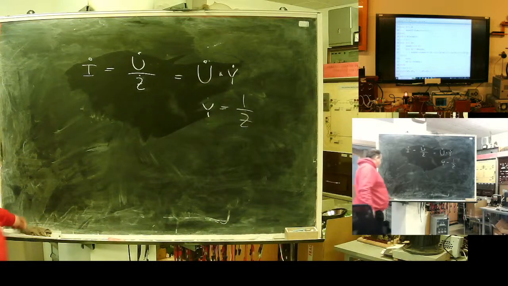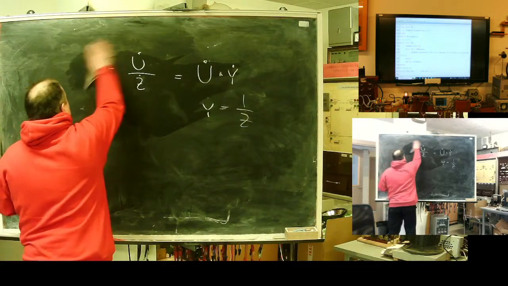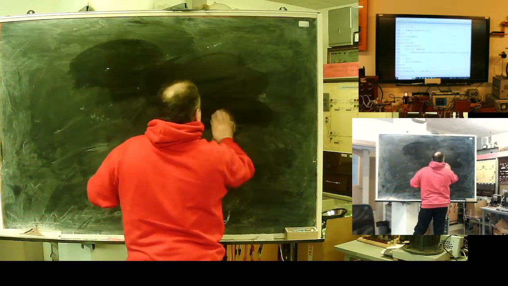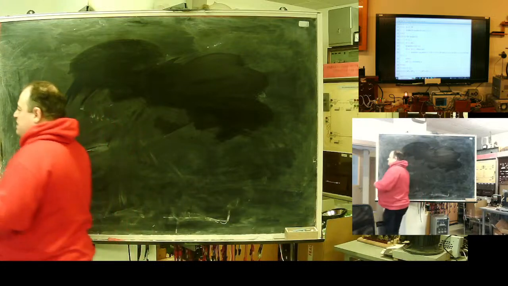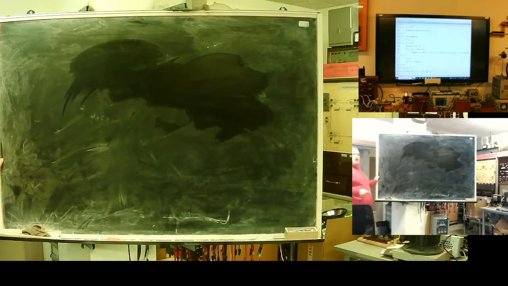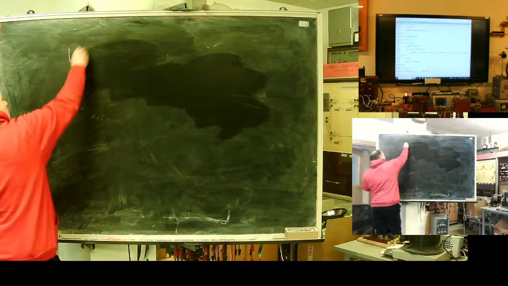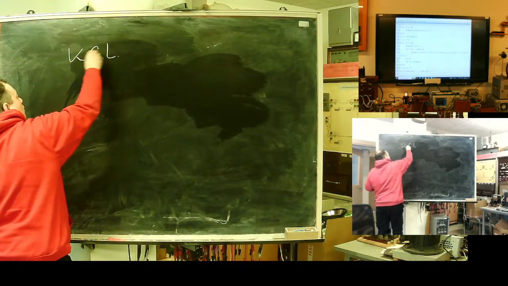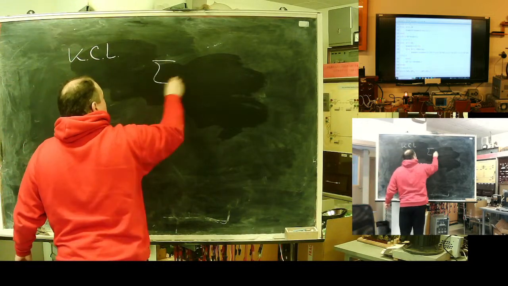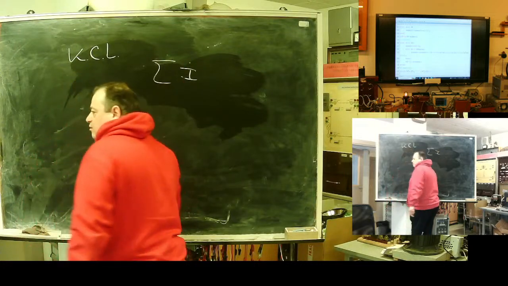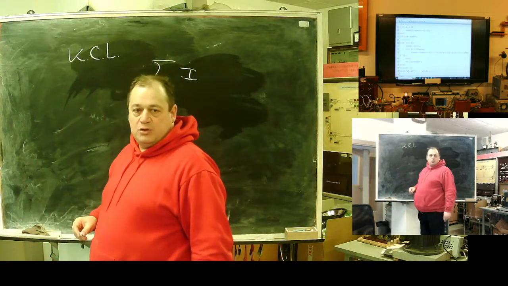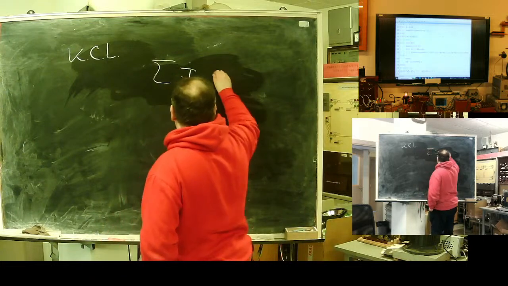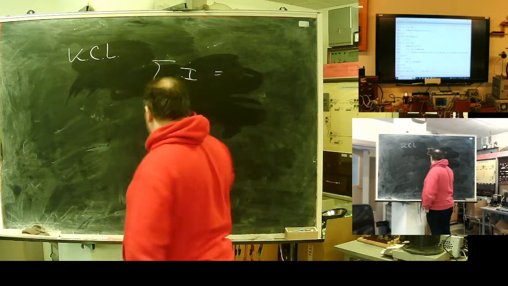Now, I promised the nodal technique. Base idea. We have two laws: Kirchhoff's voltage law and Kirchhoff's current law. First one is current. Kirchhoff's current law: the sum of all currents in any node equals 0.